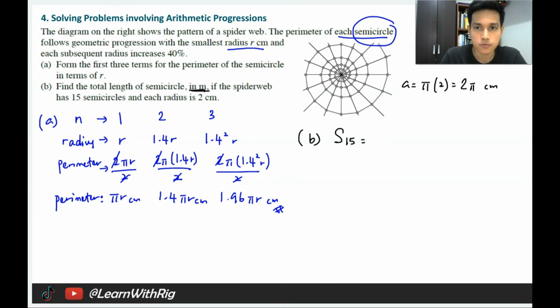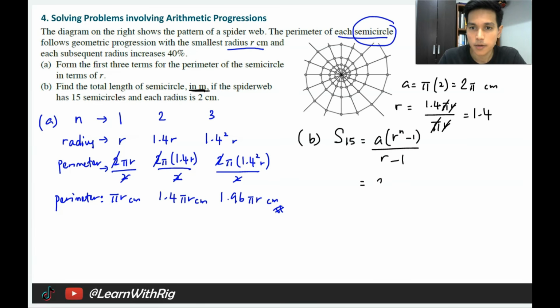Okay, and then you want to find the common ratio. Common ratio should be equals to 1.4 pi R divided by pi R. So here cut, you should get 1.4. Oh, no cm. This is common ratio. So now you can substitute into your formula. So since modulus r is more than 1, we can use the first formula of the sum of ratio. So it's a, r power n minus 1 over r minus 1.